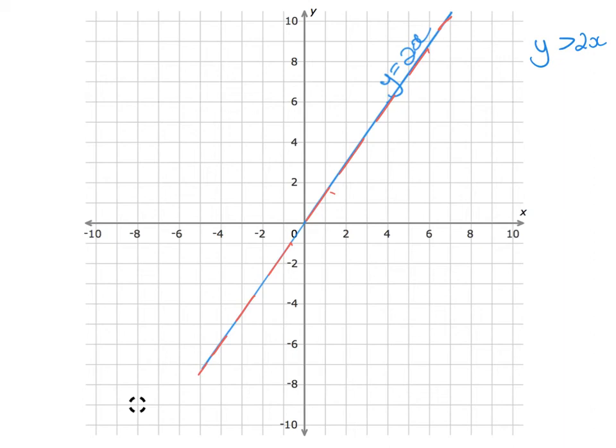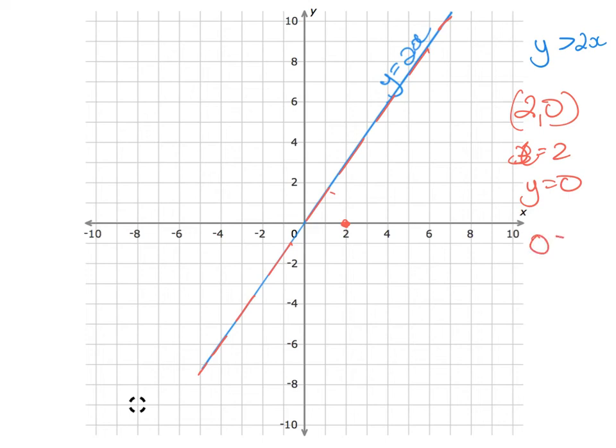To know which side to shade, I choose any point that does not lie on the line. So I will choose this point here. So I choose the point 2, 0, where x is 2, and y is 0. And then I will substitute it into the inequality and see if it's true.